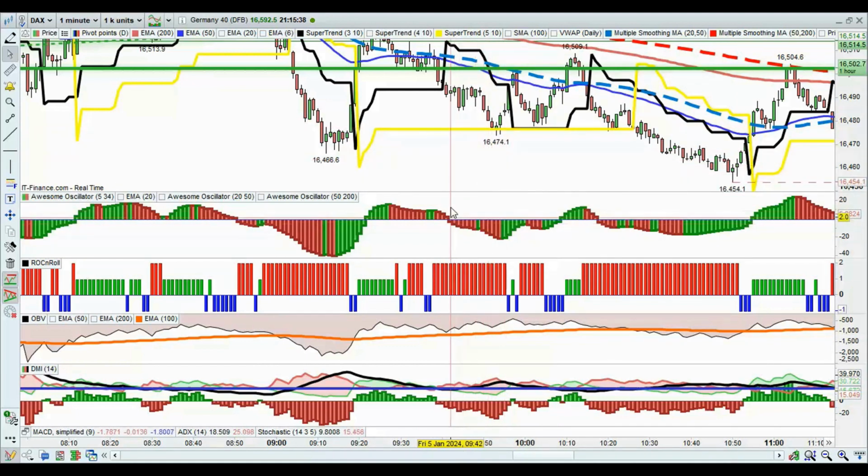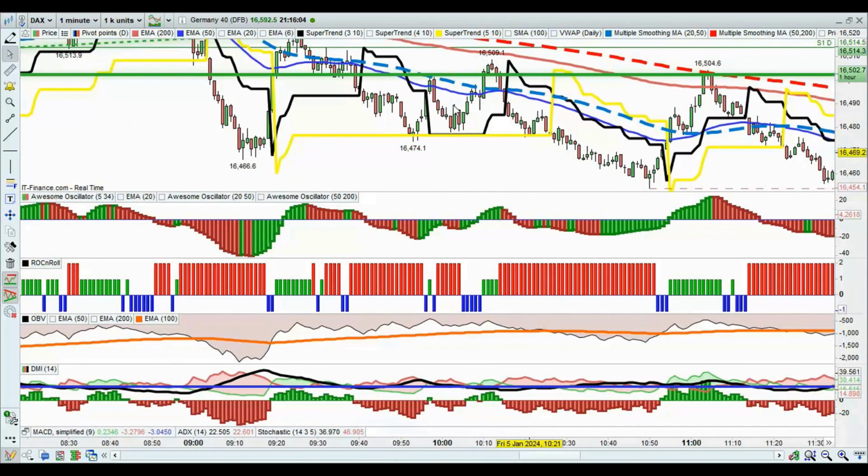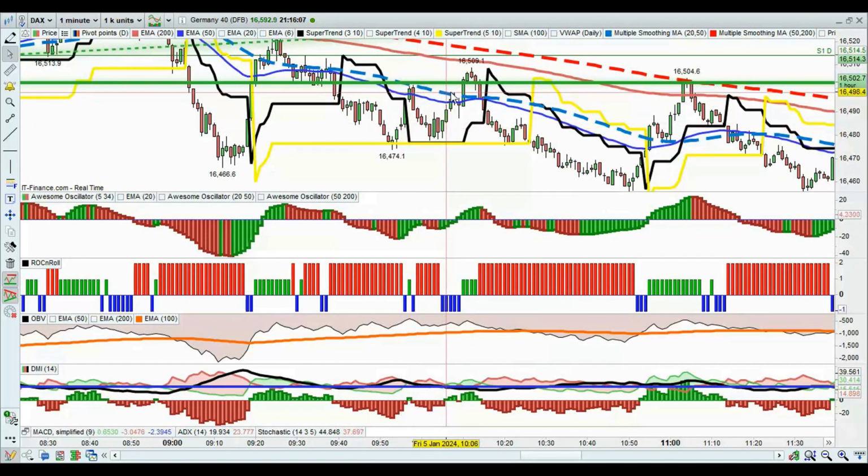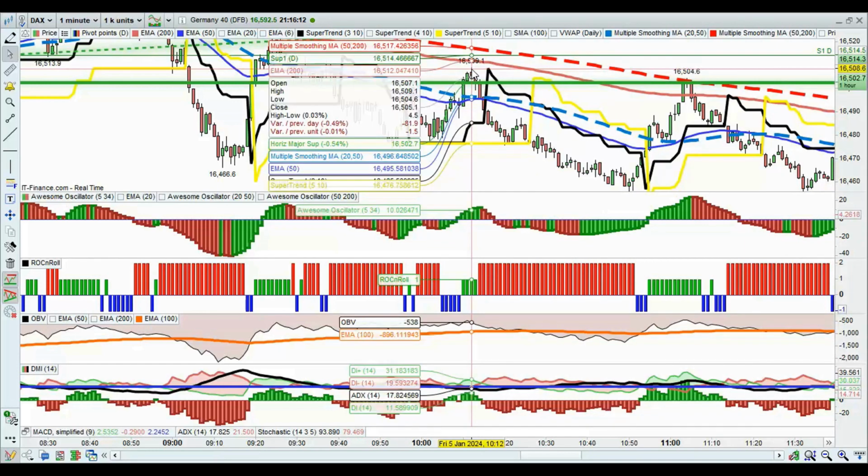We got in here as it just crossed below the zero line, all red on Rock and Roll, still above on the OBV, but all red here. After that, it naturally climbed again, to this high here of 16,509.